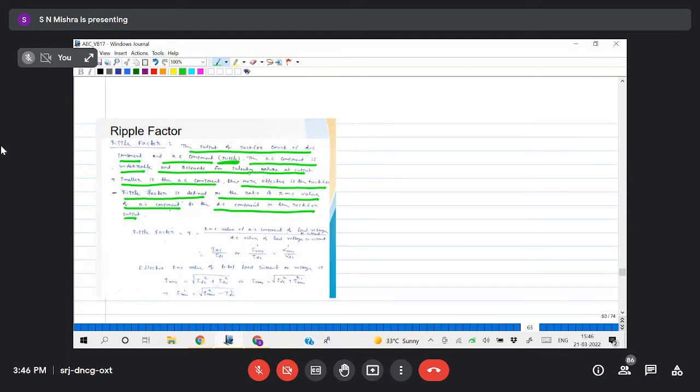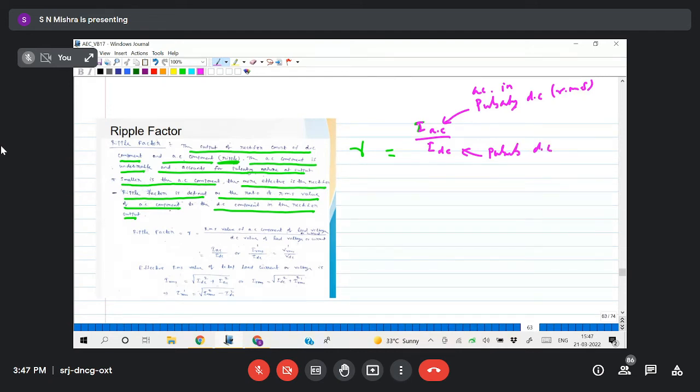So I can write gamma equals I AC divided by I DC. This AC is the AC in the pulsating DC output, expressed in RMS, and this one is the DC value.